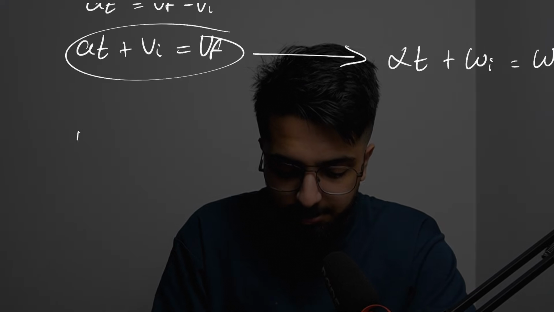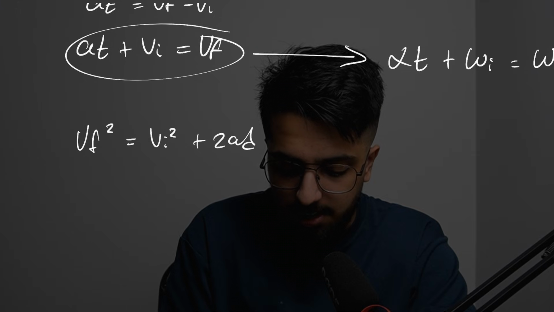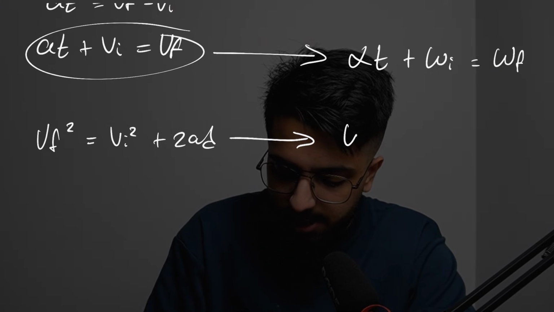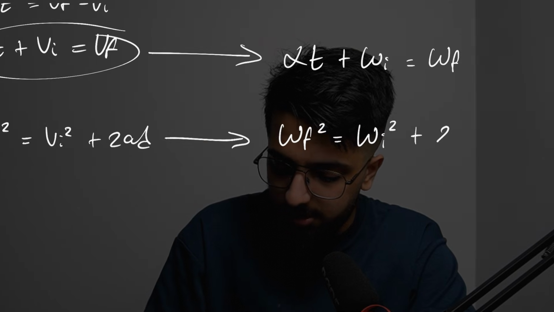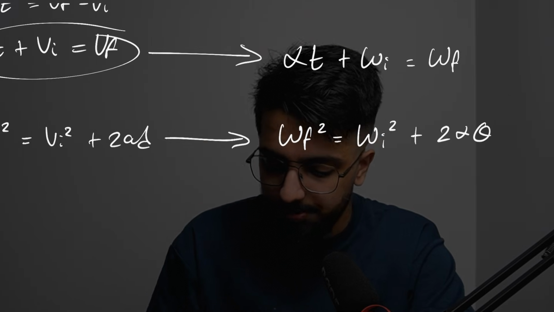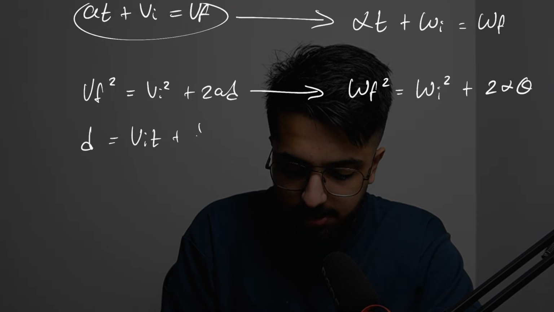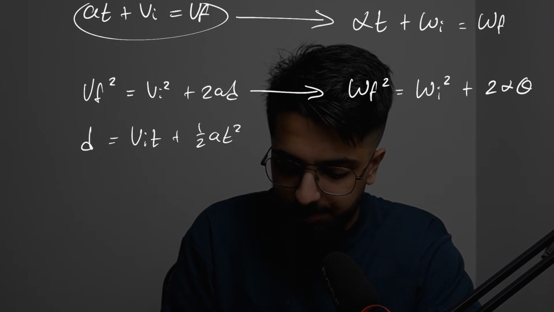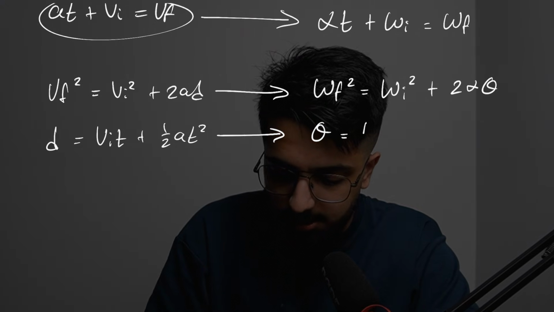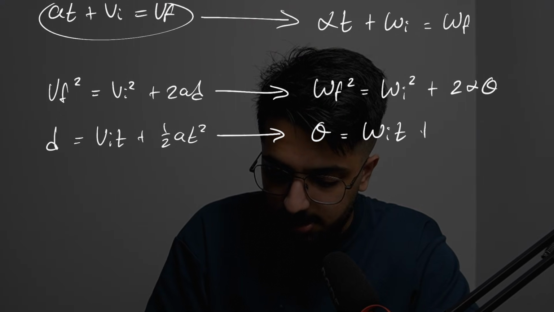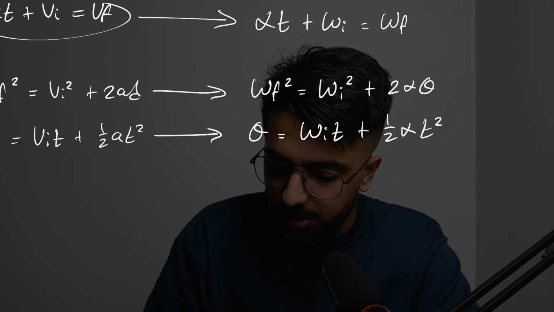We also have Vf squared is equal to Vi squared plus 2ad, and therefore the rotational equivalent of that is omega F squared is equal to omega I squared plus 2 alpha theta. We also have d is equal to Vi t plus half a t squared, and therefore the rotational equivalent is theta is equal to omega I t plus half alpha t squared.